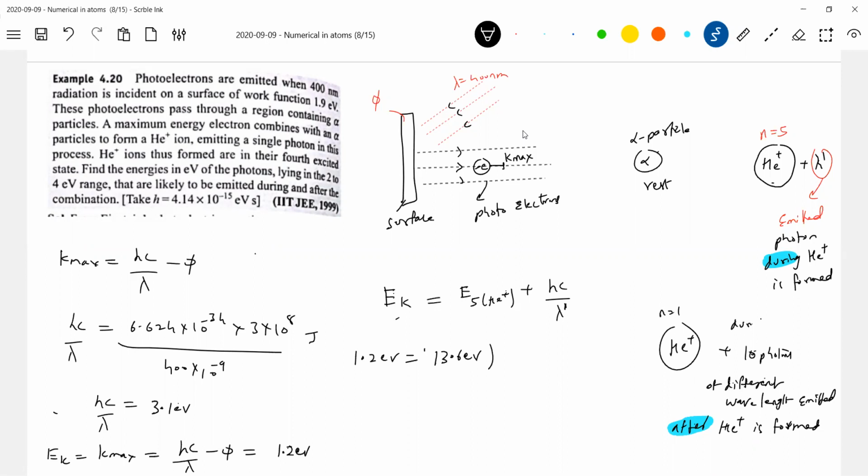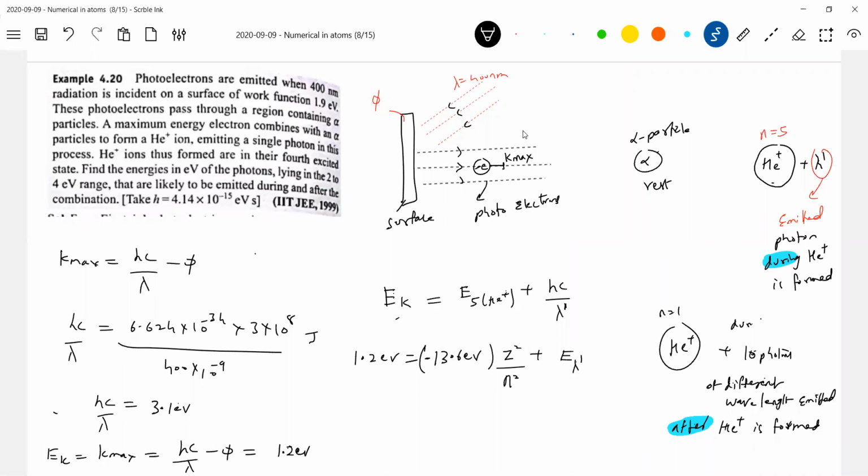This should be negative, this sign is very important: minus 13.6 Z square by n square plus the energy of the photon, E lambda dash.